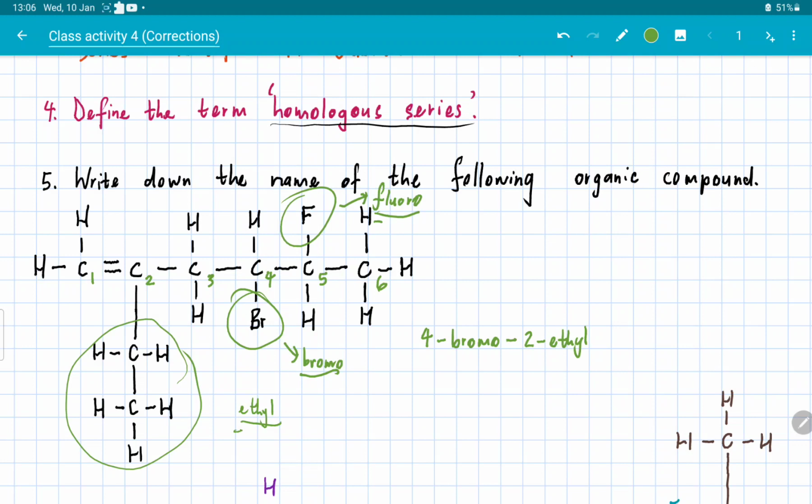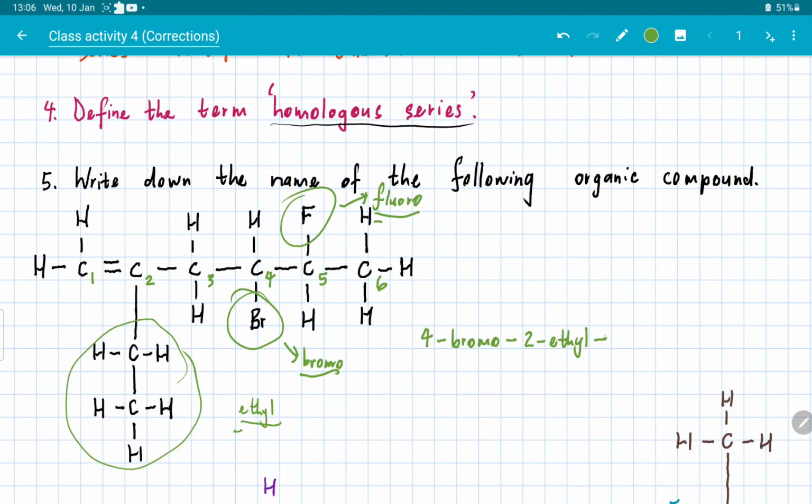The reason it is ethyl is because I can't say 1, 2 upper, because the longest continuous chain must contain the functional group. The double bond has to be part of that longest chain. Check rule 2 on page 132 of your Siyavula.